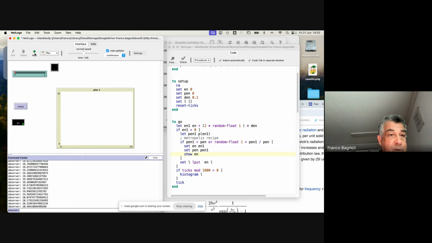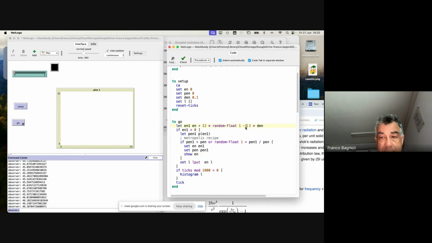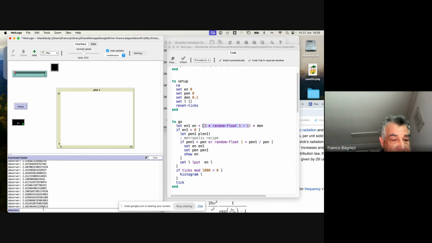No, because this is a number from 0 to 1. This is a number from 0 to 2. And this is a number from -1 to 1. Otherwise, clearly it always increases. Let's try again. Okay, so it stays more or less limited.